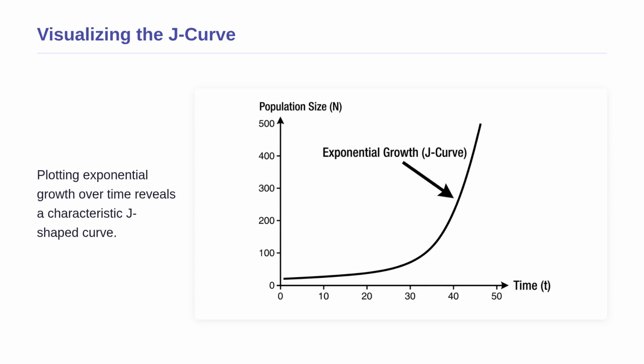Now that we have calculated this explosive growth, let us visualize it. What you are looking at is the classic J-curve of exponential growth. On the horizontal axis, we have time, and on the vertical axis, we have population size. Notice how the curve starts off relatively flat. This happens because the initial population is small, so the absolute number of new individuals added is low.